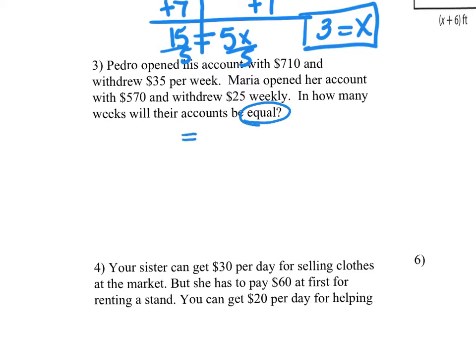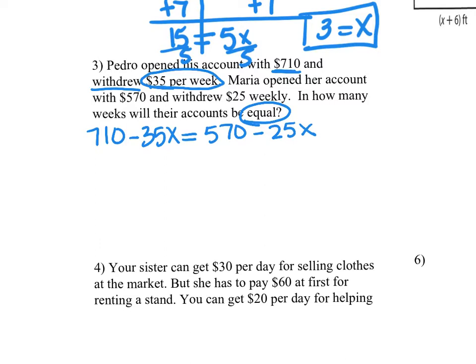For the first one, 710 and withdrew, which means subtract 35 per week, so 710 minus 35x. And then equal to 570 minus 25x.